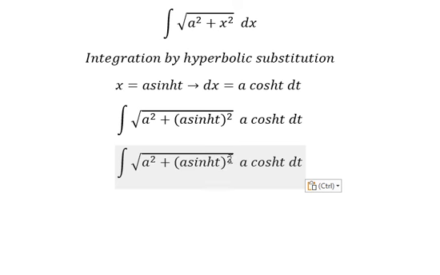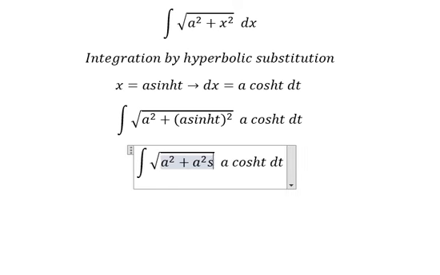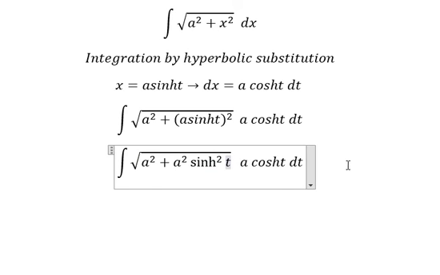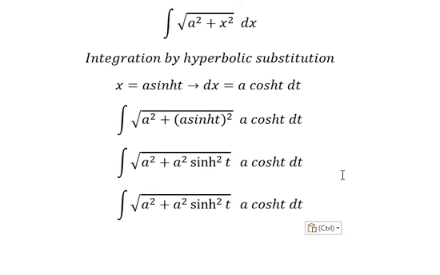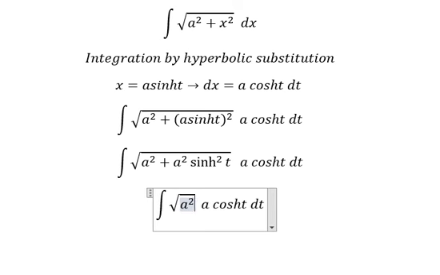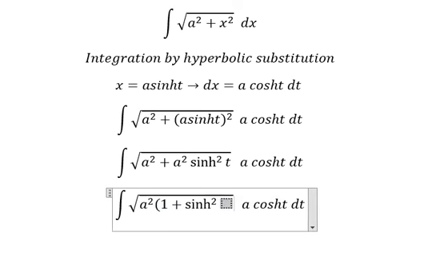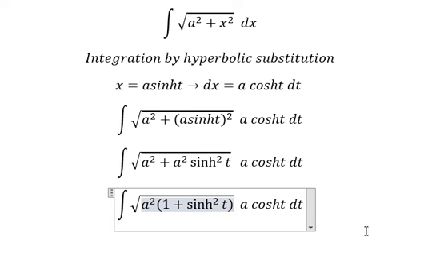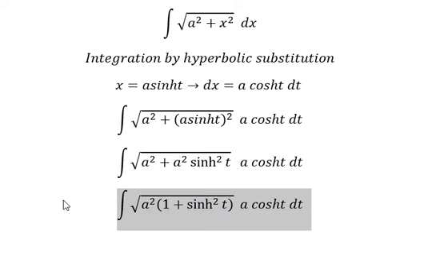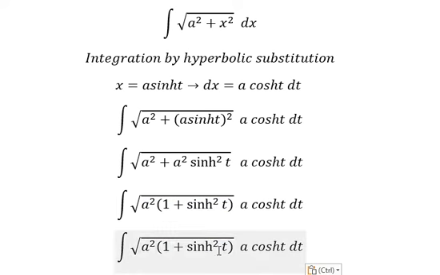Next, we have a square sinh t square. So we have a square. We can do factorization. Next, 1 plus sinh t square, we change to cosh t square.